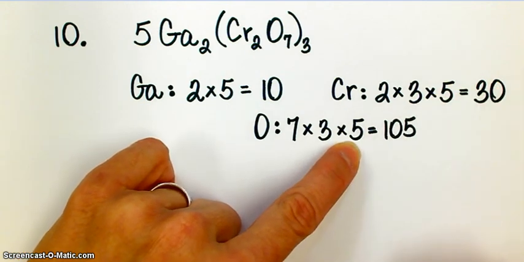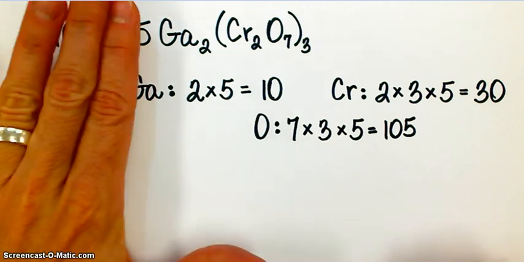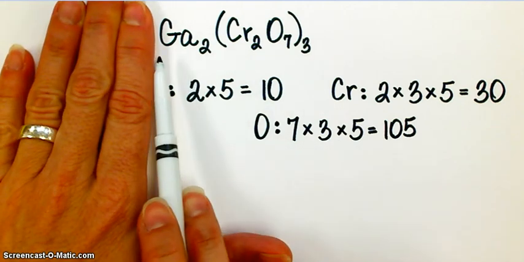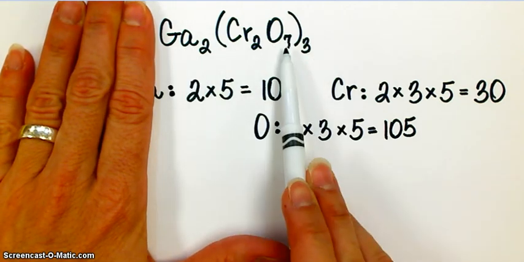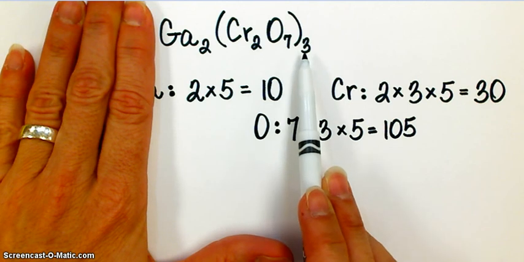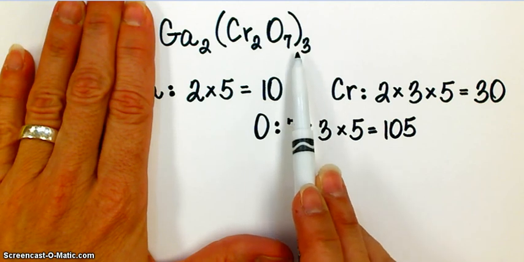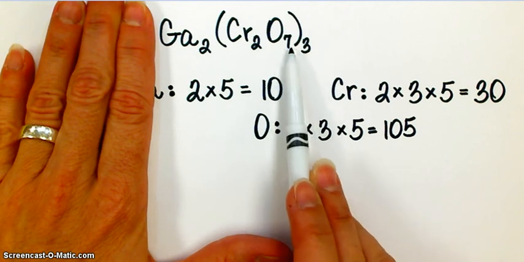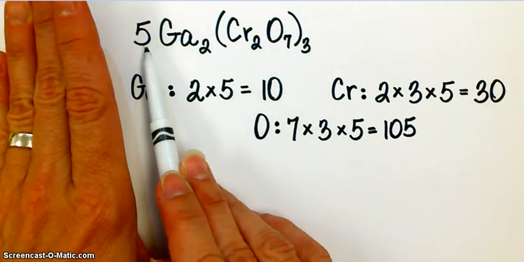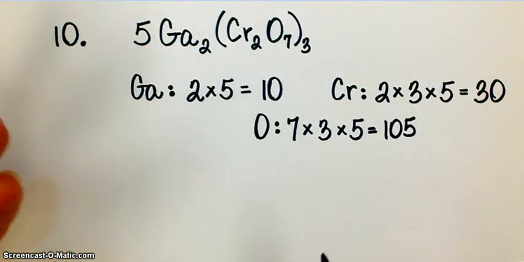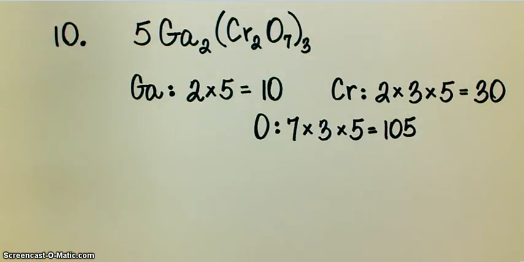Oh, see that? Okay, so guys, in one molecule of gallium chromate, 7 times 3, there are 21 atoms of oxygen in each molecule. And then there's 5 molecules, so it's 21 times 5. That's how we come up with that.